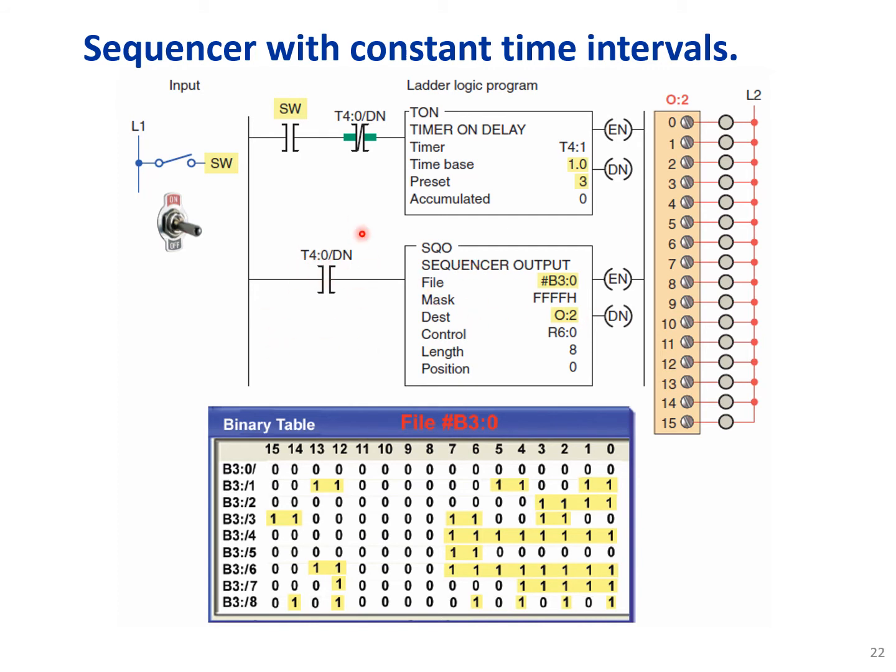Once the done bit of the timer is true, then it triggers the sequencer. You see again the mask, we have all F, so it's just all ones. It passes everything through. We don't have any specific mask here. We don't have any filtering. And whatever we are reading from the sequence file will go through and will be pasted on the destination file.